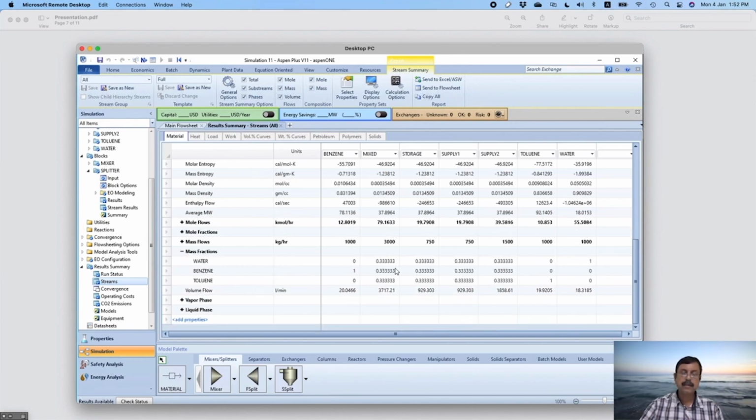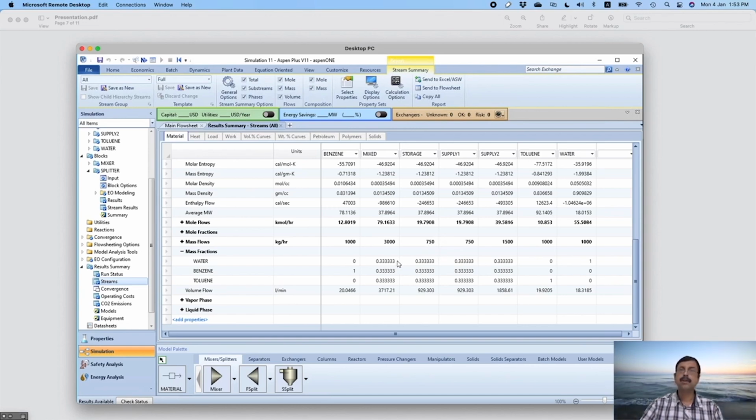Now here in the mixed flow, water, benzene and toluene all have equal proportion, 33.33%, because all of them are 1000. So the same proportion will be reflected in supply 1, supply 2 and storage as well. Their flow fractions are different, but the composition will be the same as the inlet flow.